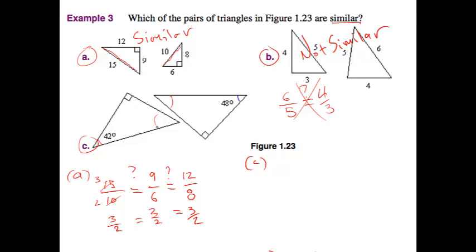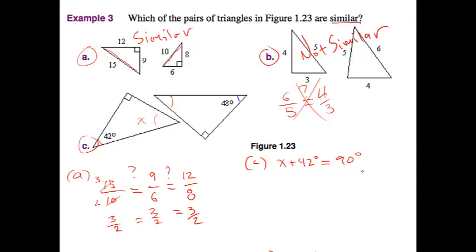Now, if I call this unknown angle x, looking at this, I can tell that this plus this must equal 90 because the sum of the angles in a triangle has to add up to 180 degrees. So I know that x plus 42 degrees has to equal 90 degrees.